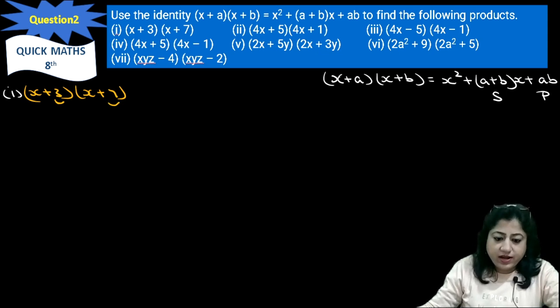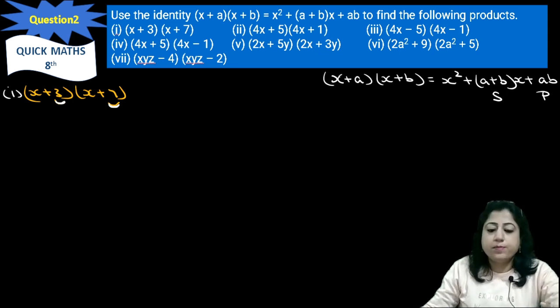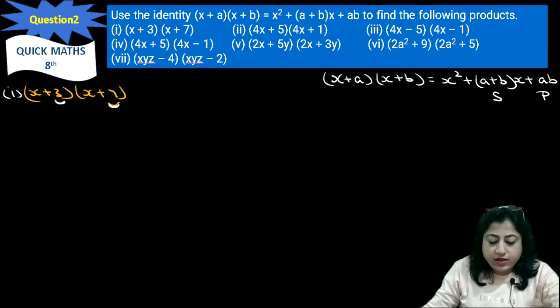And how can we identify that it is the fourth identity? It is very simple. In both the brackets, the first term must be the same. As we can see here, the first term is x in both the brackets, and the second terms are different.